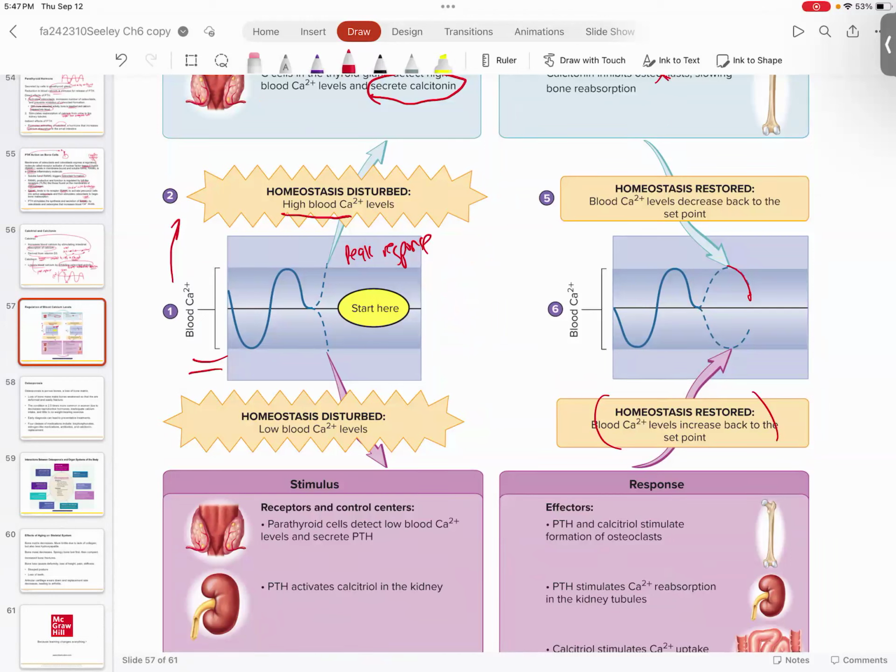In addition to calcitriol, it will stimulate the reabsorption of that calcium in your kidneys and also osteoclastic breakdown. So you have digestive uptake, kidney reabsorption, and also osteoclastic release. Those are your three main responses. All three of those will act to increase your blood calcium levels, bringing it back up and restoring homeostasis.